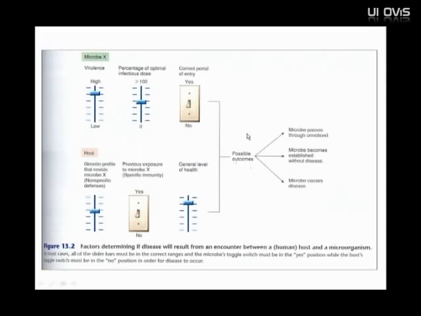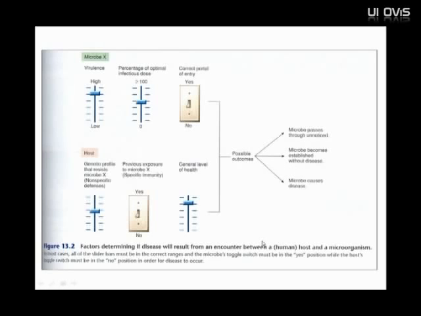So, for example, when the microbe has high virulence and optimal infectious dose, but enters through the incorrect portal, then it will not produce any disease, and the microbe will pass through unnoticed and be excreted from the body. The second outcome is that the microbe becomes established without disease.